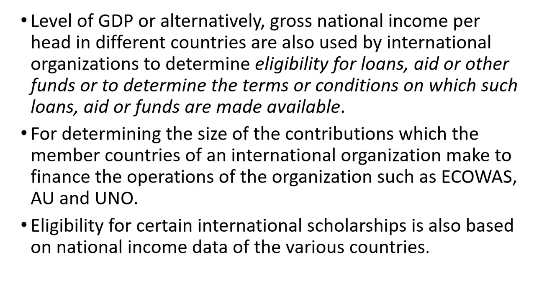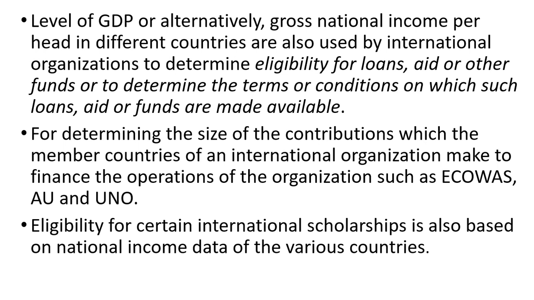We also use GDP and national income statistics to determine a country's eligibility for international loans, aids, and other funds, and the condition under which such aids or funds are made available to a country.